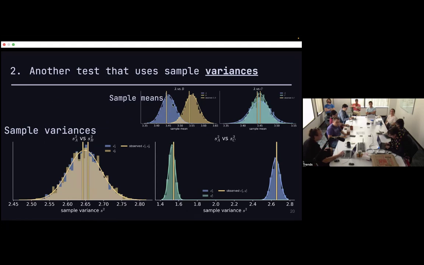You remember that I showed this picture before. It shows the distribution of sample means. On these distributions, you can see that A and B are different and A and C are not. If you compare sample variances instead, you will see that dice A and B are kind of the same-ish, but A and C are clearly different. They are very far apart in their sample variances, and they do not really overlap.